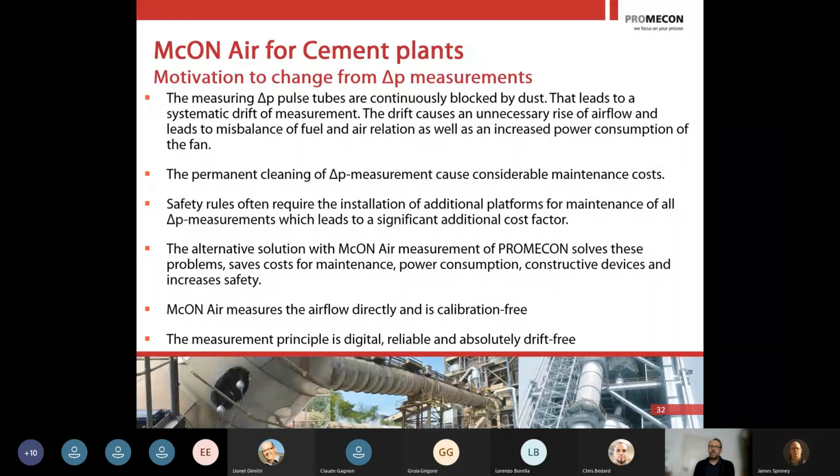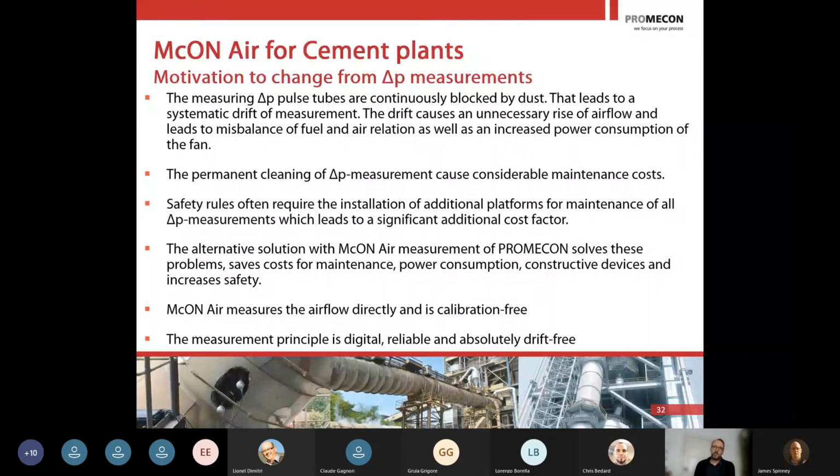This causes an unnecessary rise of airflow and leads to a misbalance of the fuel and air relation, as well as increased power consumption of the fans, because one of the big electrical consumers in the plant is usually the fans.